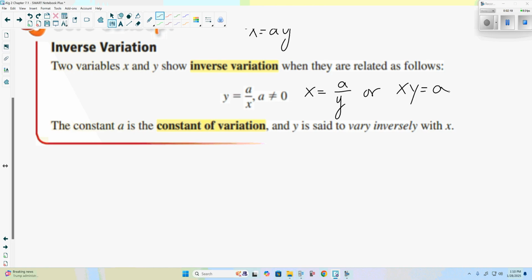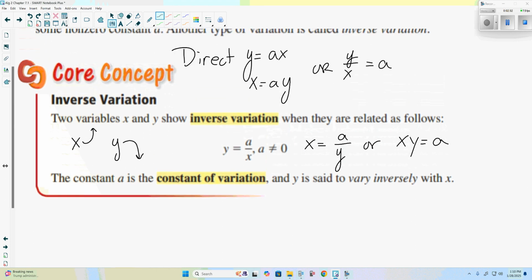Now, with inverse variation, as one increases, so as x increases, y is going to decrease, because they're inverse of each other. As one increases, the other decreases, or as one decreases, the other increases. However, with direct variation, as say x increases, y is going to increase, and as x decreases, y is going to decrease.